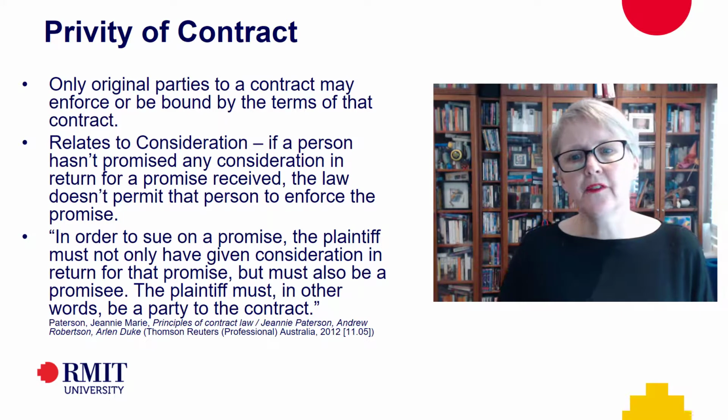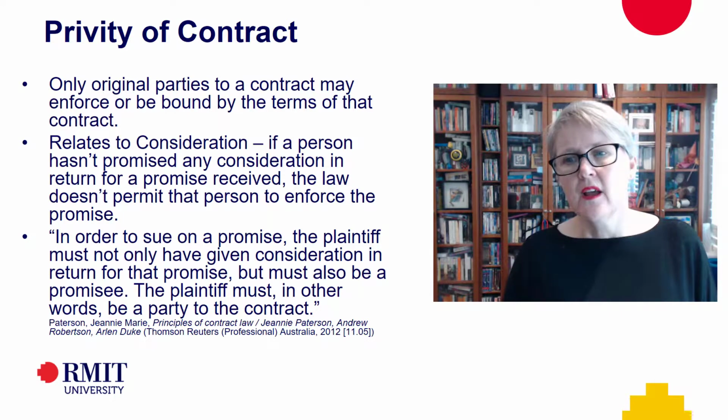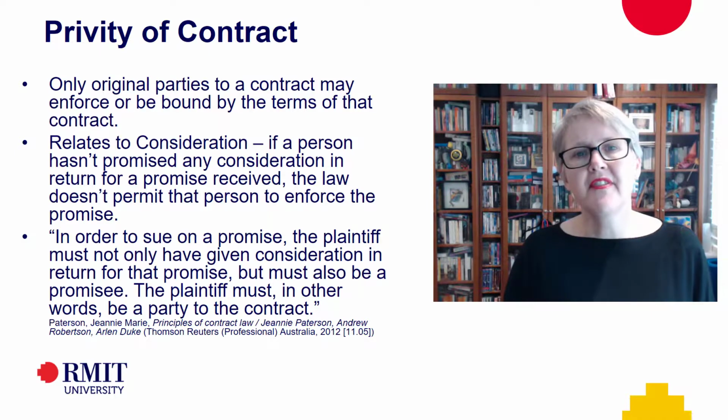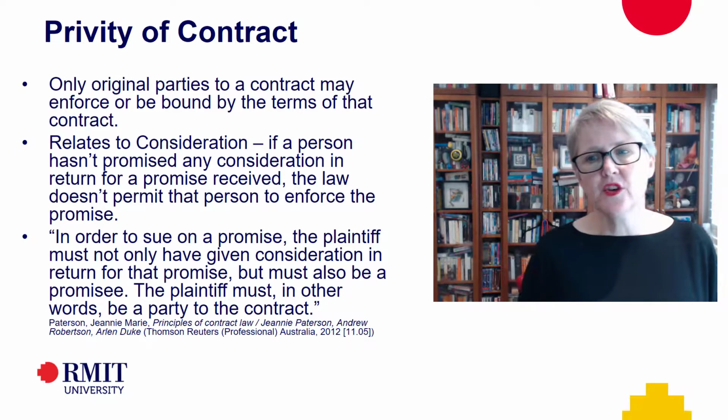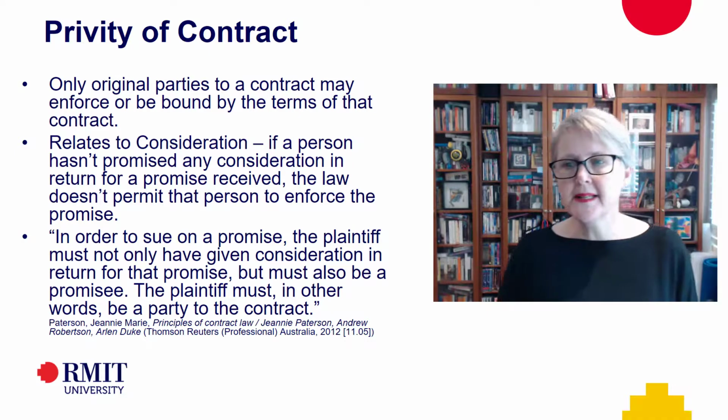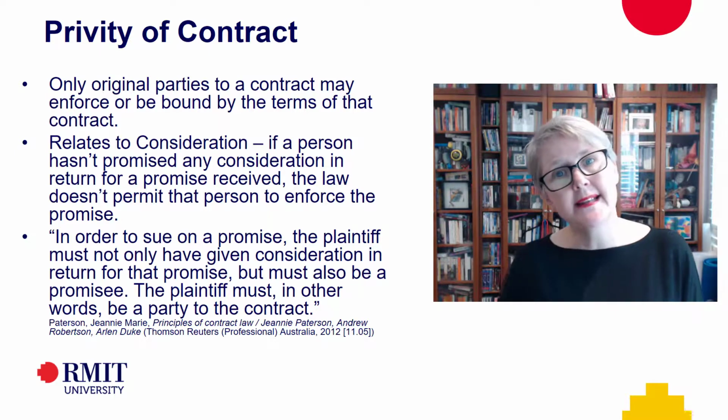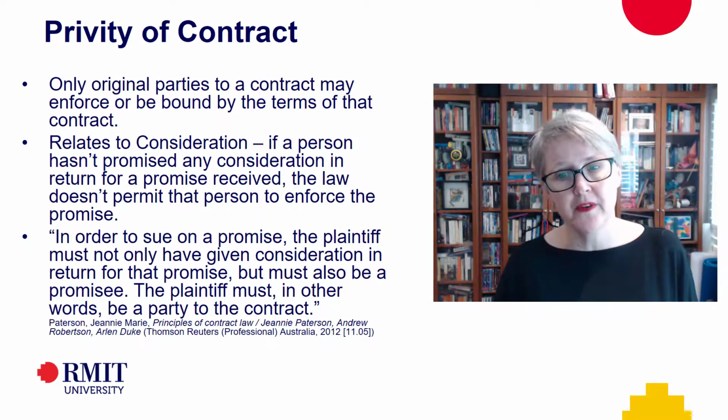So basically, if you're not a party to the contract, generally speaking, you can't rely on the terms of the contract. And this is really what privity of contract means. In this topic, we're going to examine the basic principles of privity and consider also how common law and statutory law have, in the context of certain types of contract, made exceptions to the requirement for privity.